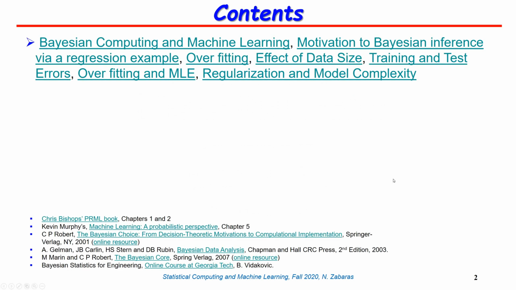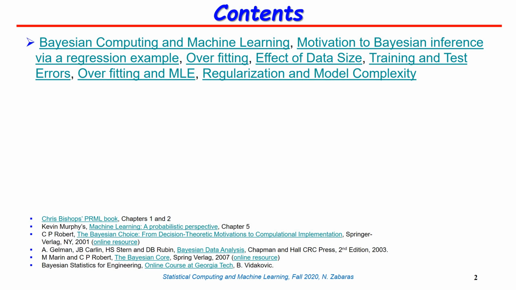So we will try to start doing some machine learning applications, and in particular, we'll discuss supervised learning type of problems. So today there will be nothing literally probabilistic or Bayesian in our setting.